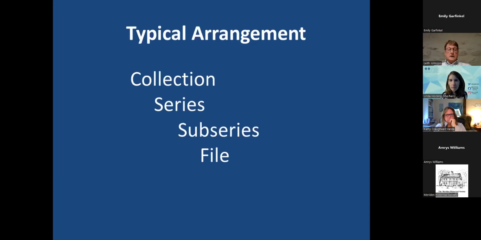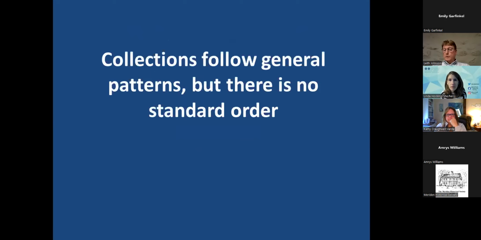And then finally, in most arrangements, the final grouping is the file, the lowest level of description that archivists generally use. I'll mention items in a second, but typically in an archival collection, this is what the arrangement is going to look like. And I'll describe each one of these in turn. So a collection generally follows a general pattern, but there's no standard order.